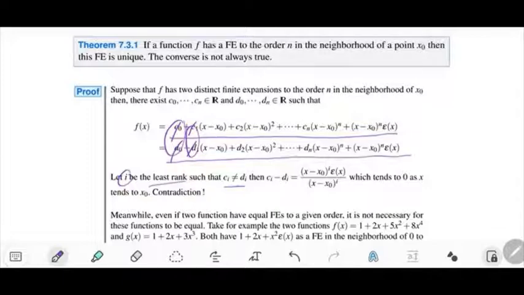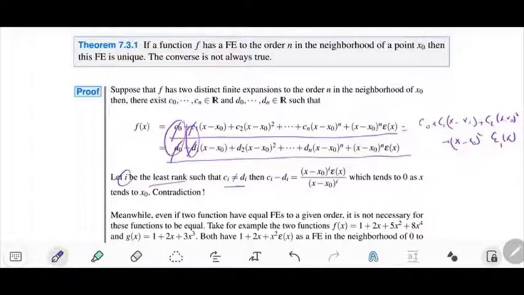To see it more clearly, let's say c2 and d2 are the least terms that are different. It means that I will rewrite this expansion as c0 plus c1 (x minus x0) to the power 1, plus c2 (x minus x0) to the power 2, right? Plus I will group all the remaining terms by writing (x minus x0) to the power 2 times an epsilon 1 of x, which is equal to the remaining terms, as I did before.